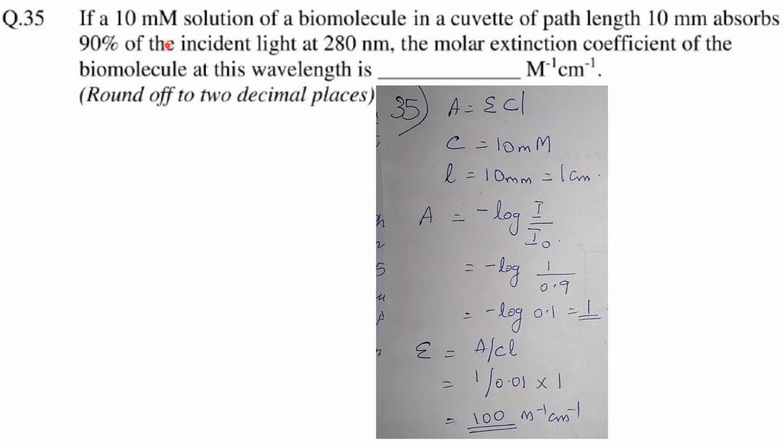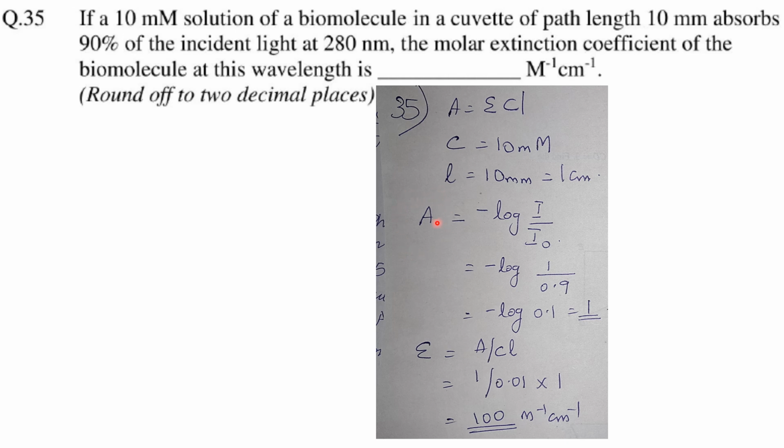Then next one. If a 10 millimolar solution of a biomolecule in an aqueous solution with a path length of 10 millimeter absorbs 90% of the incident light at 280 nanometers, the molar extinction coefficient of the biomolecule at this wavelength is? So absorbance as per Beer-Lambert's law is given by epsilon C l. Here C is 10 millimolar, they have given, and length is 10 millimeter, so it is equal to 1 centimeter.